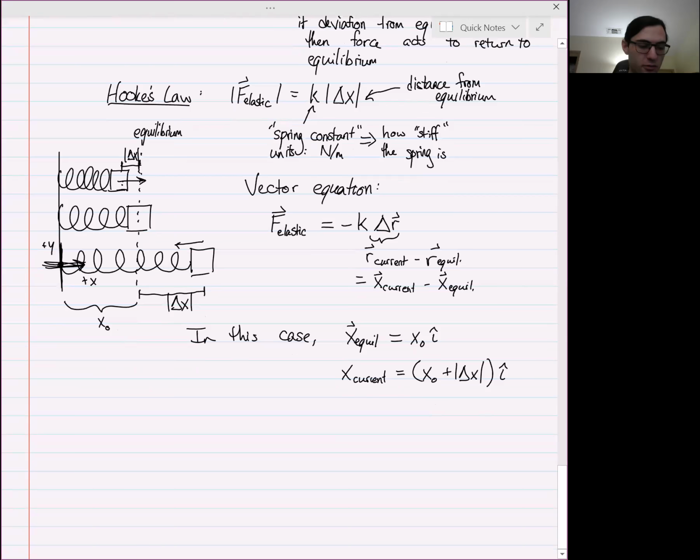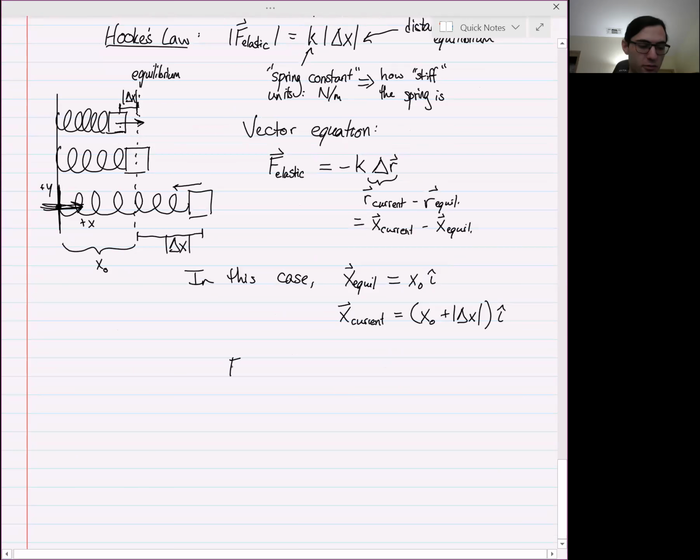So then the elastic force would be negative k times x naught plus delta x minus x naught in the i hat direction, which simplifies to negative k times delta x in the i hat direction. So that would indicate that the force would point in the negative i hat direction, which indeed it does.